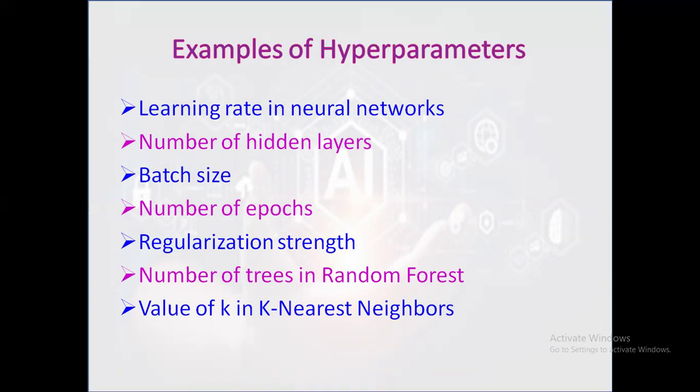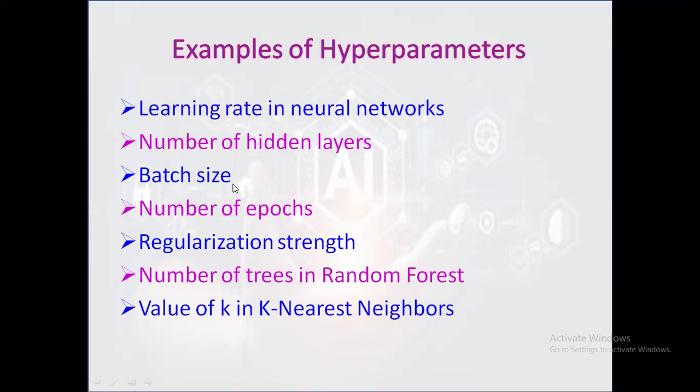While choosing batch size, it determines how many training samples are processed before updating model weights. Small batch sizes improve generalization but may slow training. This is what we have seen in the previous lectures.